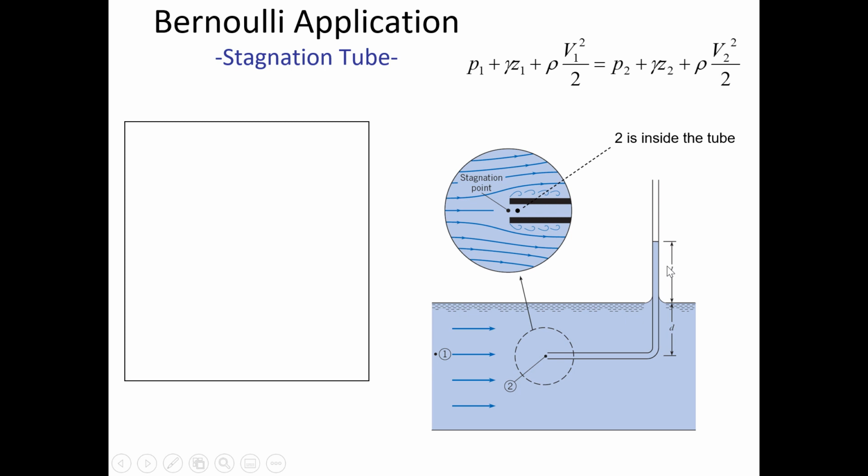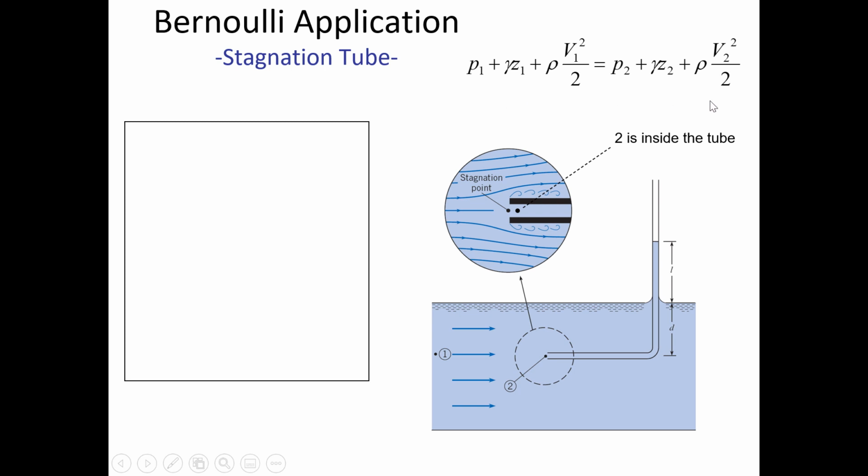We already talked about this in Thursday's class with that differential manometer example, how there was a stagnation point in the nozzle where air was flowing through. A similar thing is happening here.